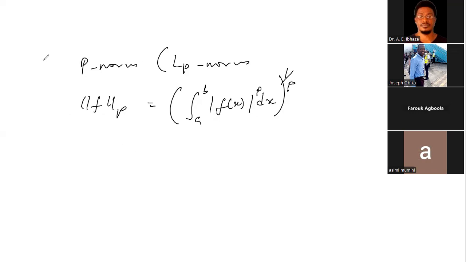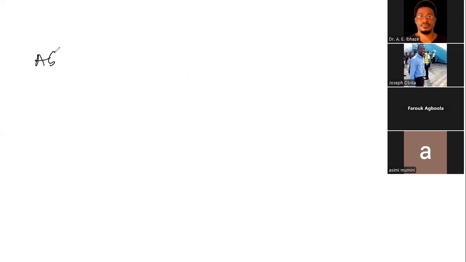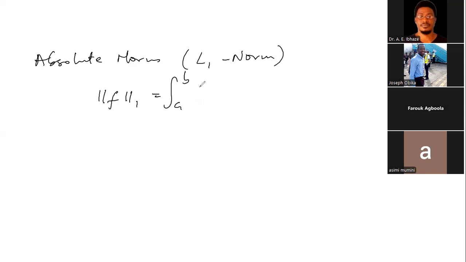And now that we've described the general formulation for norms, we can look at a few norms that we use. First, the absolute norm. Now, this is also called the Manhattan norm, okay? And we represent it as the L sub 1 norm. So we are literally taking the absolute value of the function over the interval.